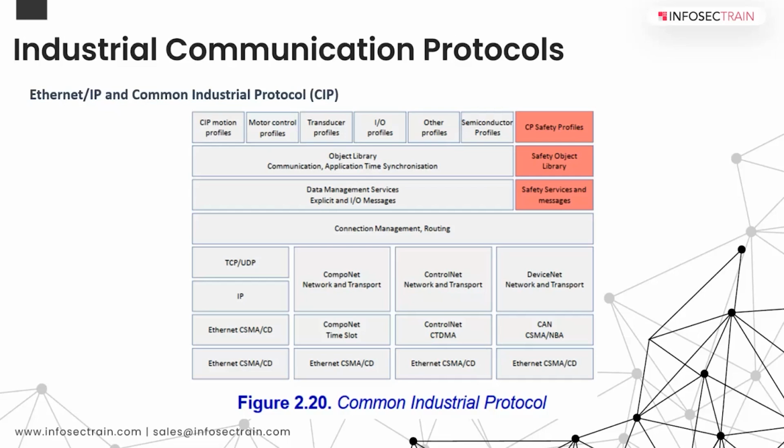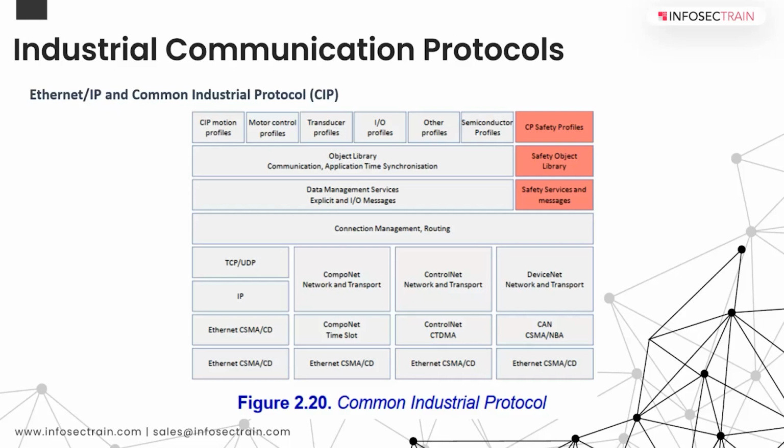So this enables the CIP protocol to offer a wide range of objects to cover typical communications and functions with common elements in automation processes, such as input or output devices, whether analog or digital, HMIs, motion controls, right?